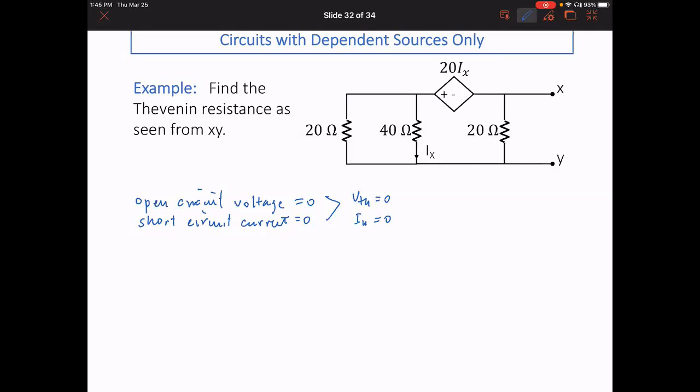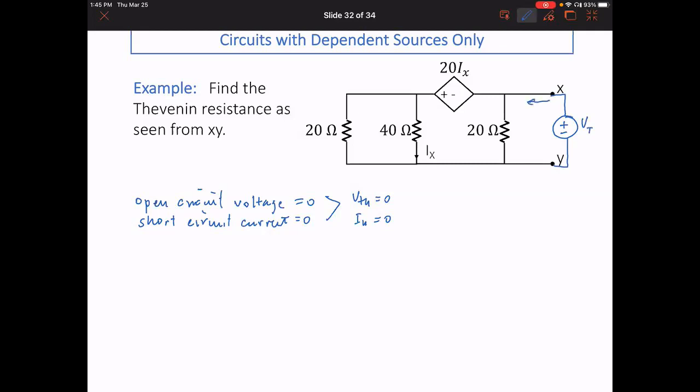Okay, so two ways. One is I can connect a test voltage across the terminals and then determine the test current. So ito yung technique. Maglalagay ako dito ng voltage source. Let me call this V of t.